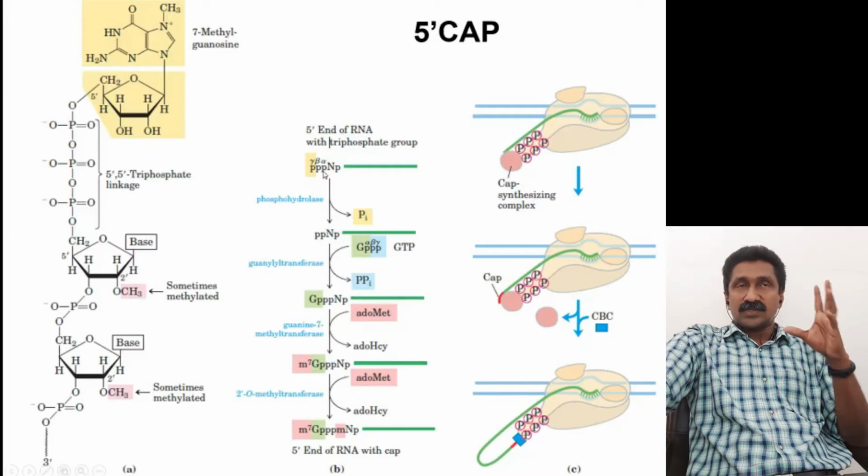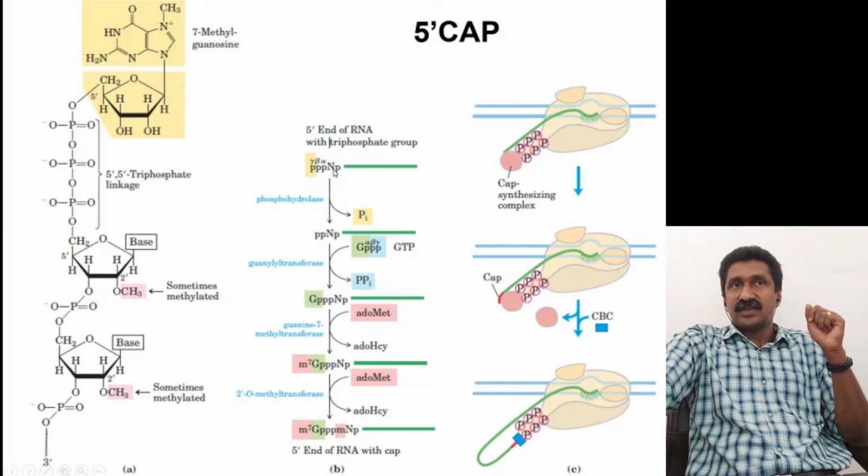So during the process of 5' capping, we can see that the phosphohydrolase enzyme will remove the pyrophosphate, or 2 phosphates will be removed from the 5' end. Then a guanine residue with a GTP is added here using 5' connection.